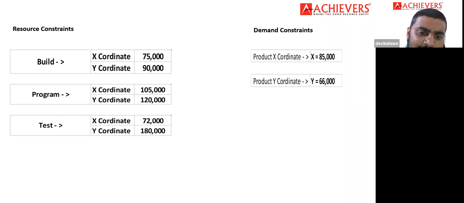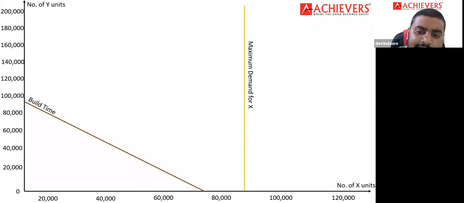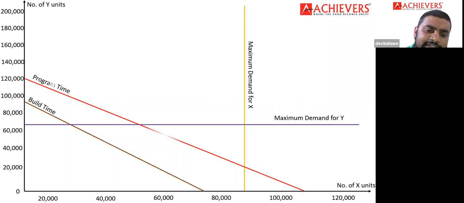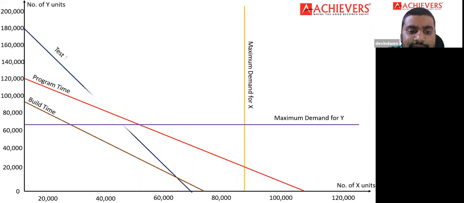For test, X coordinate is 72,000, Y coordinate is 180,000, right? So this is program. 120,000 Y, 105,000 X. Clear? Similarly, test will be Y 180,000, X 72,000, right?